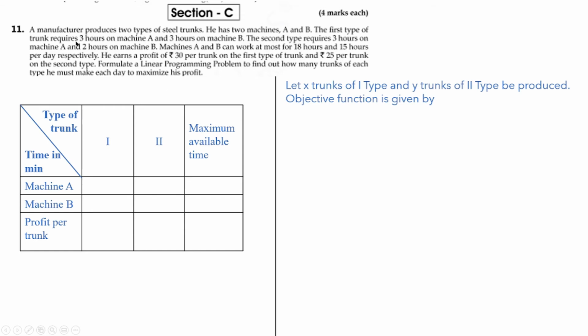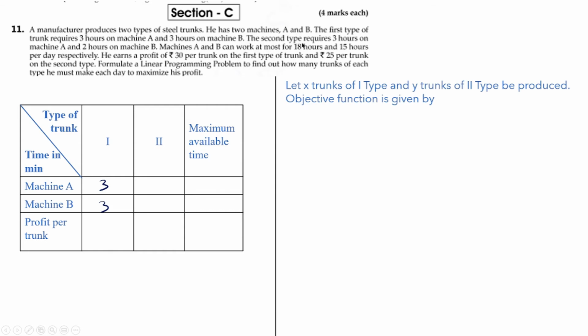So here we can see that a manufacturer produces 2 types of steel trunks. Steel trunks are nothing but steel boxes which can be locked. And there are 2 machines A and B. So here the first type of trunk requires 3 hours on machine A and 3 hours on machine B. So let us draw a table like this so that it will be easy to understand what is given in the question.